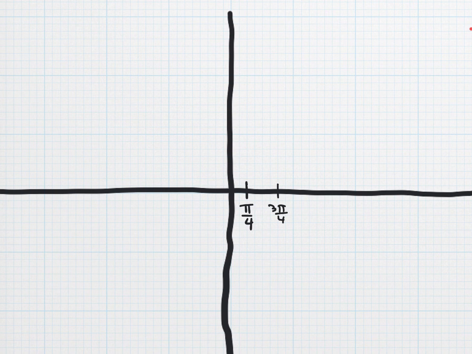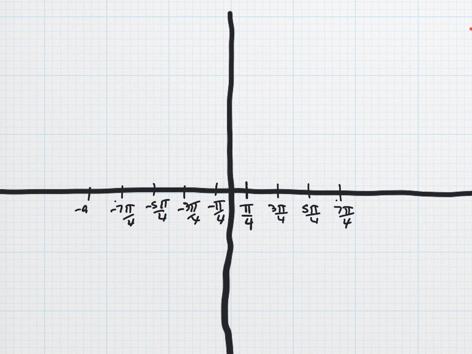Just make sure it's evenly spaced. And then 5 pi over 4, and then 7 pi over 4. And then on the other side, negative pi over 4, negative 3 pi over 4, negative 5 pi over 4, negative 7 pi over 4, negative 9 pi over 4.